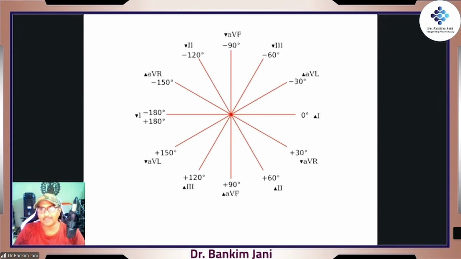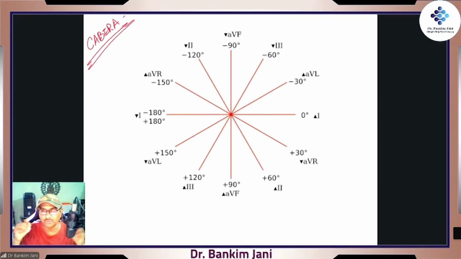Now the last figure. This is the figure which I really want all of you to practice. Normally I don't give homework, but this is the homework. This is called the Kabira system.